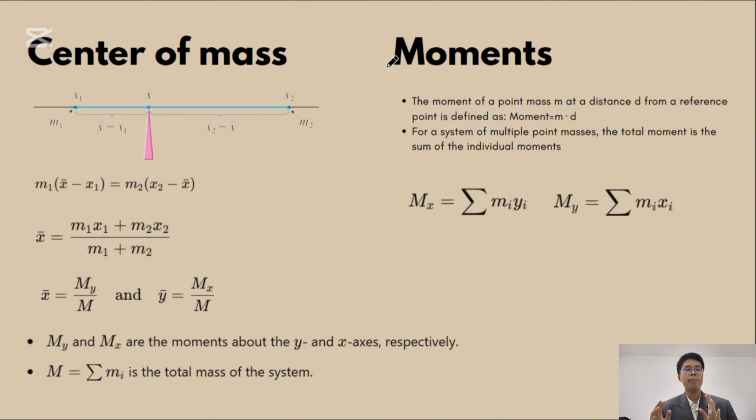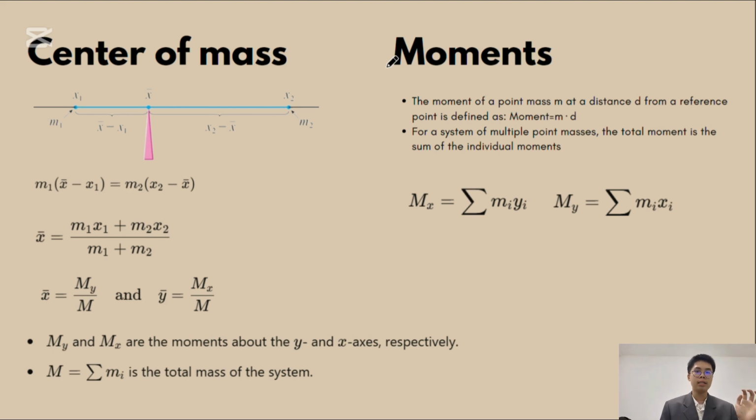The moment of a point mass at a distance d from a reference point is defined as the mass times the distance. So for many point masses, the total moment is the sum of the individual moments. Like in the graph, there will be a lot of points with different masses. So we need to find the moment about x and the moment about y.